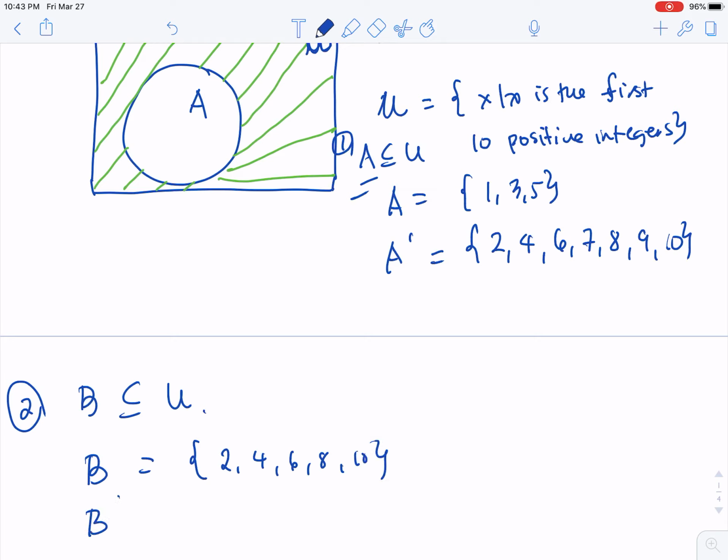Ano ang complement ng B? So, ito even numbers yan, di ba? So, lahat ng odd numbers from 1 to 10. Sorry. Bakit may 4? 1, 3, 5, 7, 9. So, lahat ng elements na wala dun sa B, yun ang complement ng B. Na nandoon sa U, pero wala sa B.